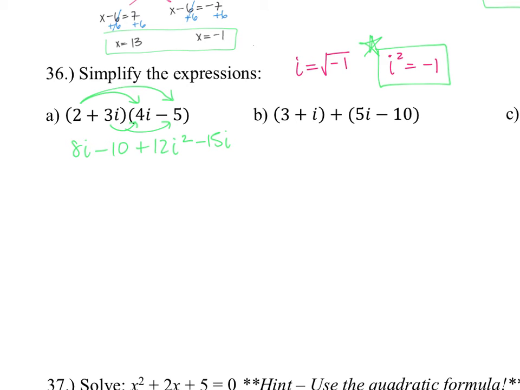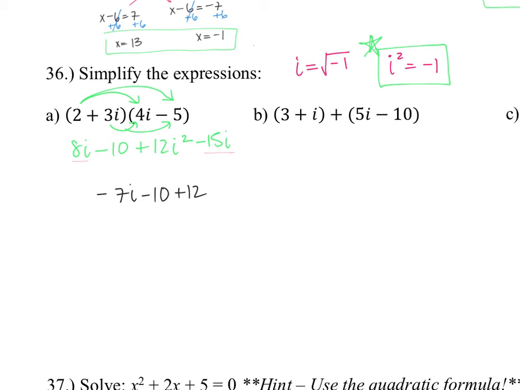So when I look at this here, I notice that there's an 8i and then there's a -15i, so I can combine those. So 8 minus 15 makes a -7i. And then I'll bring down the -10 and the 12i squared.